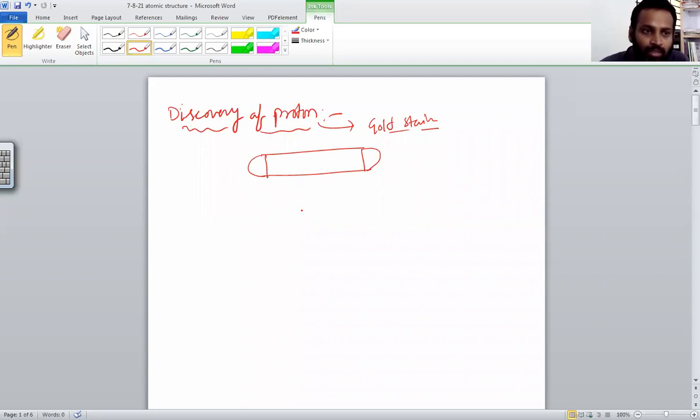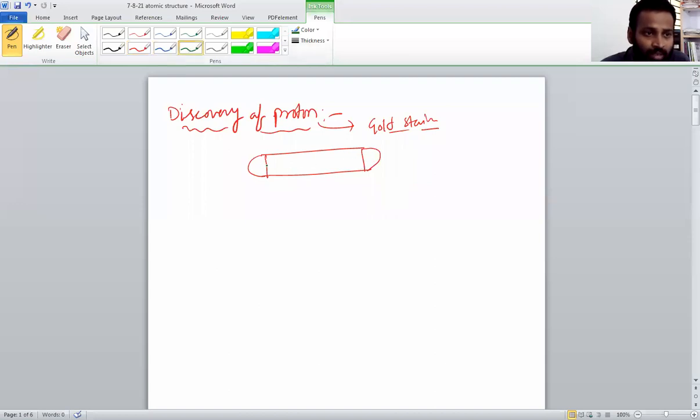When you kept the high voltage battery at the cathode end, Mr. Goldstein said that opposite to the cathode rays, some anode rays will travel from the anode to the cathode.